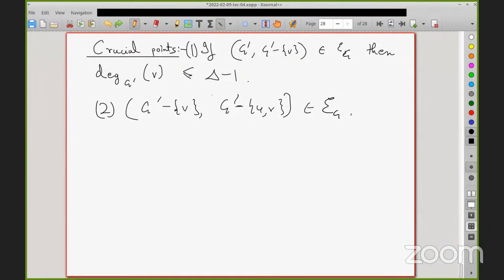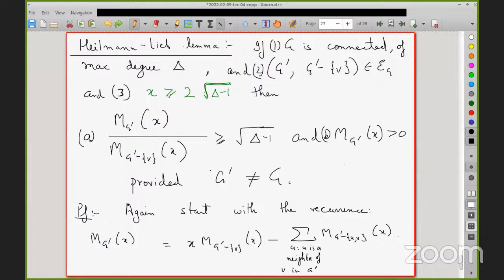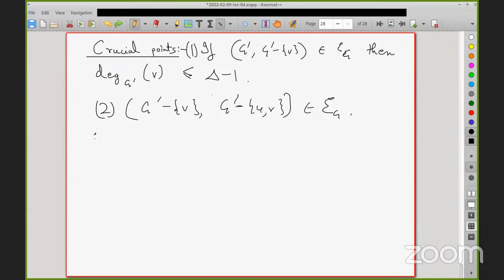So these are the two crucial points. Now you can do the induction, just the same induction as before, so we can prove the claim by induction.